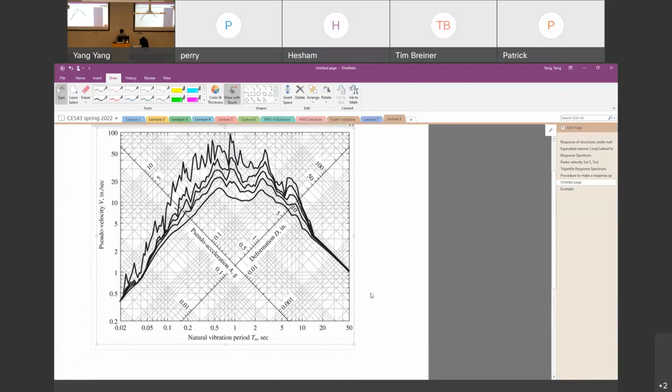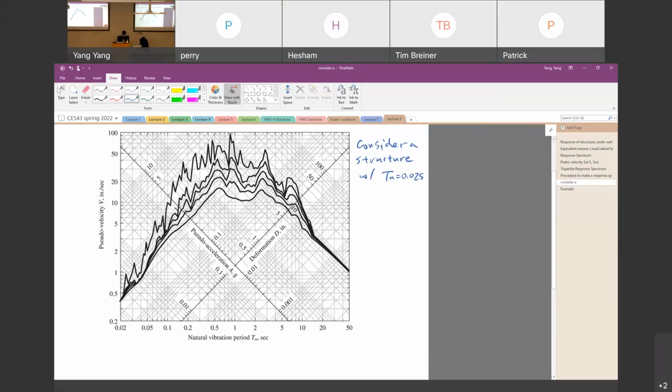For example, this is the epicentral earthquake. Let's consider a structure with Tn equal to 0.02 seconds.